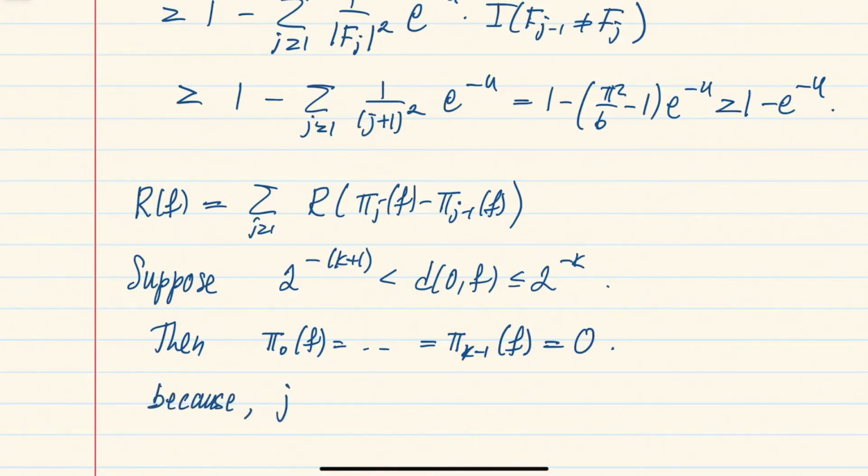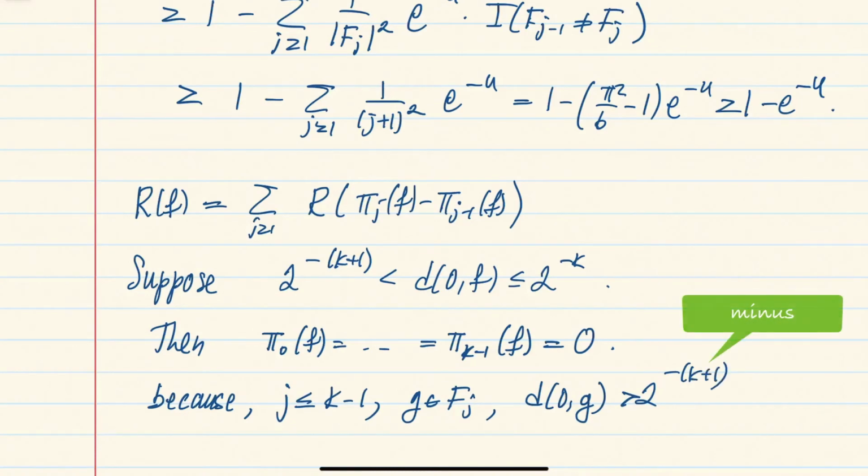okay, for j up to k minus 1, if you take any other function in f_j which is not 0, then the distance from 0, just by definition, has to be at least 2 to the minus j, which is at least 2 to the minus k plus 1. Right? And here we have information that f is within distance 2 to the minus k.